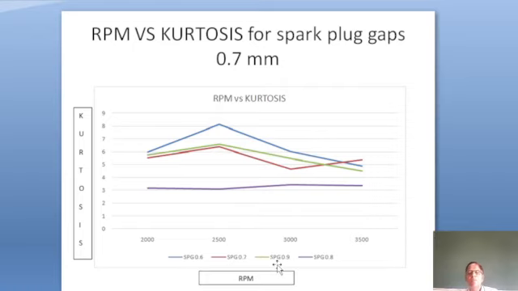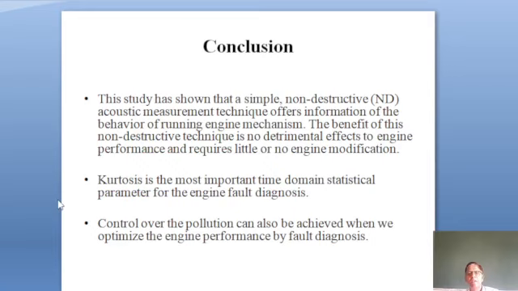At the same time, 0.9 is too high to generate an air fuel mixture. So here we have implemented an acoustic analysis for finding the optimum spark plug gap in the IC engine.